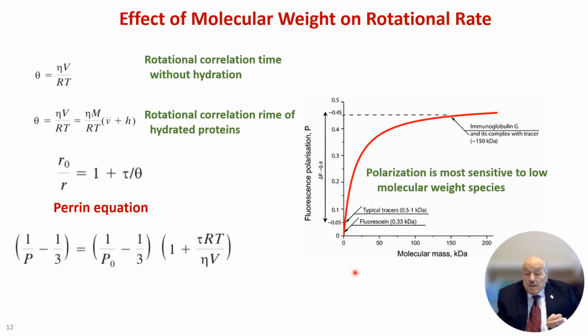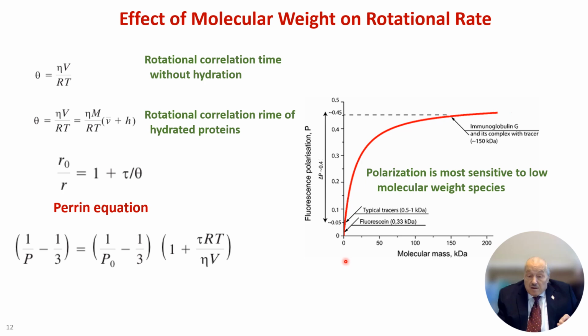What does this mean in terms of looking at what is the effect of molecular mass on the polarization? So here we have a graph of just that. As the molecular mass goes up, the polarization goes up. This rotation is slowed down. Here we have what would be the anisotropies that you would observe for a typical small molecule like that labeled cortisol we've seen previously.